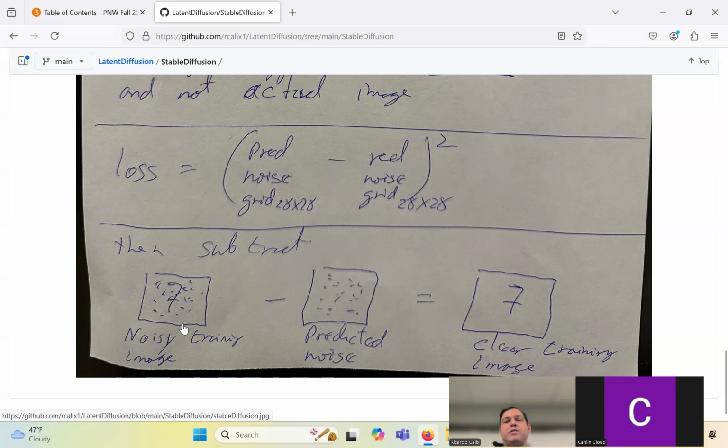Think of it as noise times something, but the values depend on t: a lot of noise versus little noise. And it's not a linear denoising; it can be other distributions. That's the key of it. We'll see it in the code, and it should become more straightforward as we start printing the values.